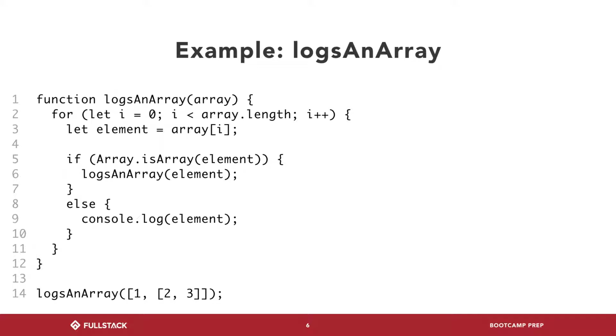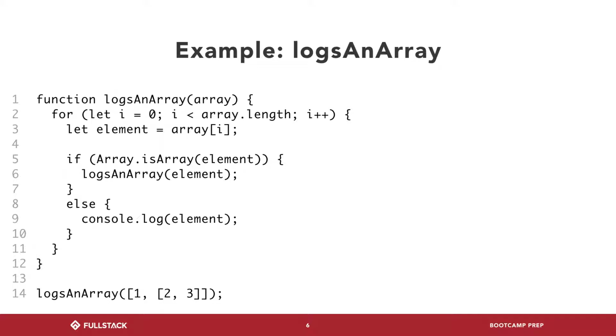So I'll verbally describe this function, and then we can step through it as a group. Verbally, this function is trying to log out every number in an array, no matter how nested the array is, right? Obviously, one really big assumption we're making here is this array will only have 2 data types. It will either have numbers or it will have an array. So no objects, nothing else, only numbers and arrays.